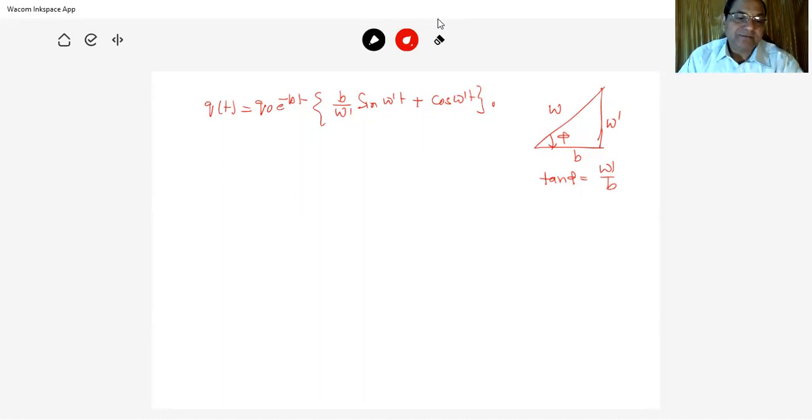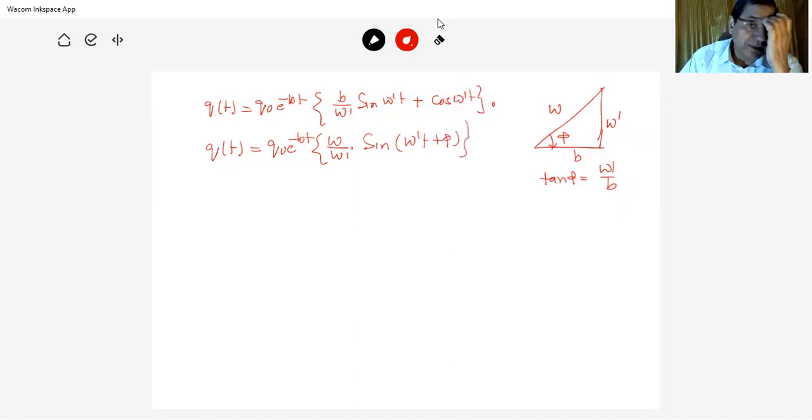And from that cos phi and sin phi, we can express this as Q0 e raised to the power minus BT, omega by omega dash sin of omega dash T plus phi, because of the phase expression.